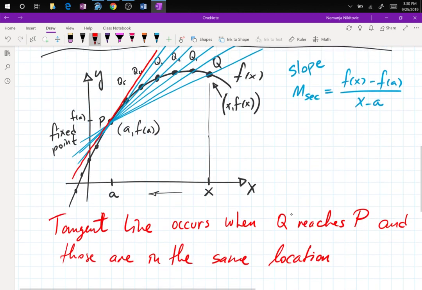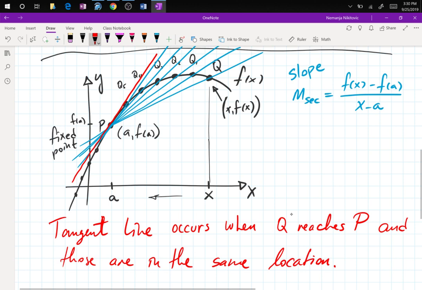And hopefully you immediately see what happens without algebra. Can you calculate the slope of the tangent line using algebra?